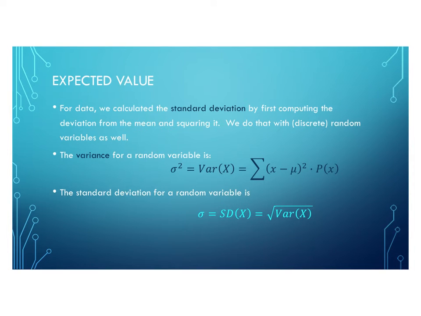Now let's talk about standard deviation. For data, we calculated the standard deviation by first computing the deviation from the mean and squaring it. We do that with discrete random variables as well. So our variance. If you have forgotten what variance means, remember it is just standard deviation squared.